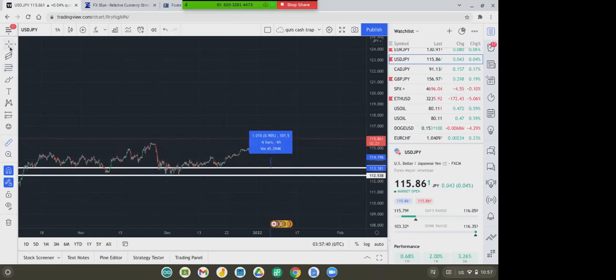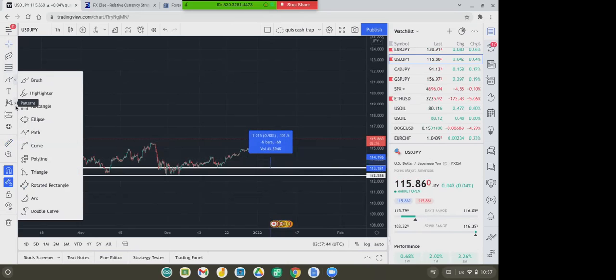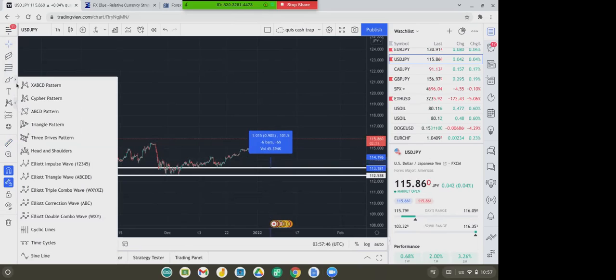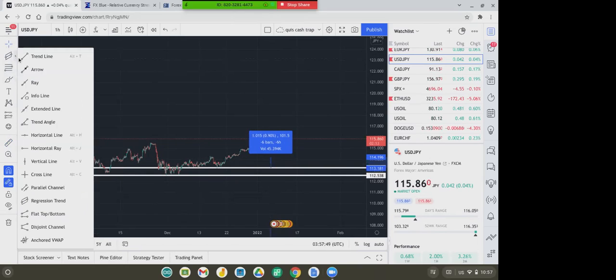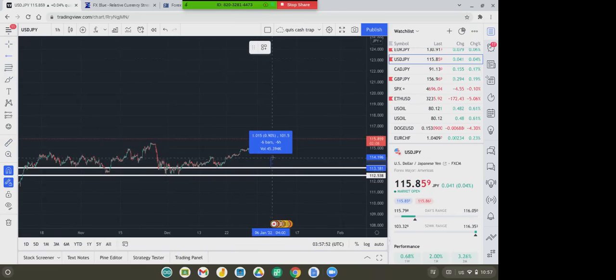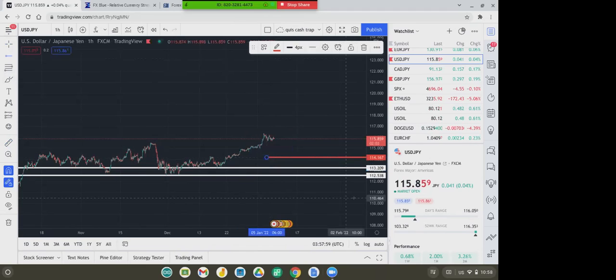Right. First TP. Hold on. First TP, 100 pips. Boom. So we're going to mark that line. Boom. So this red line, from my entry to this red line, that's TP1.